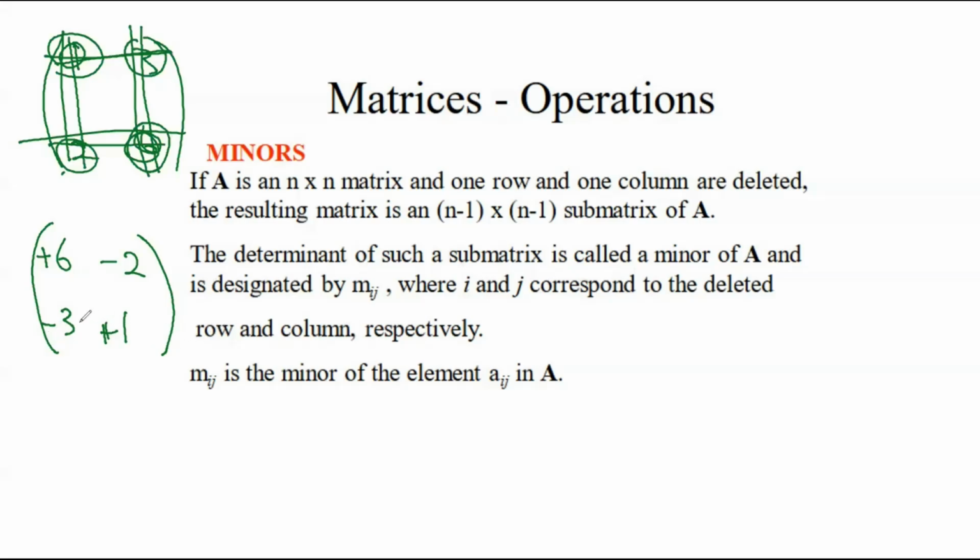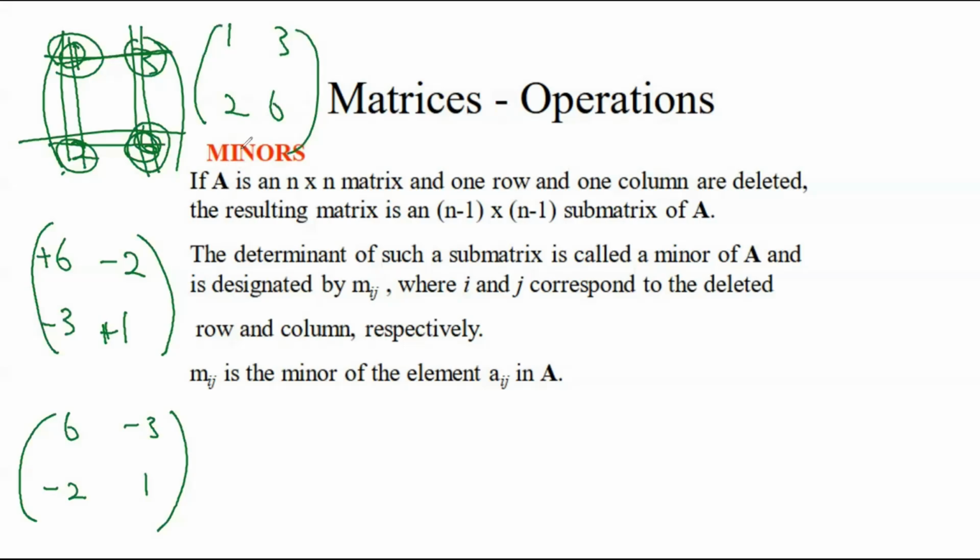Now, if you were to take the transpose of this, look at what you get: 6, minus 2, minus 3, 1. Right? And this is what they tell you in high school, because the original matrix was 1, 3, 2, 6.